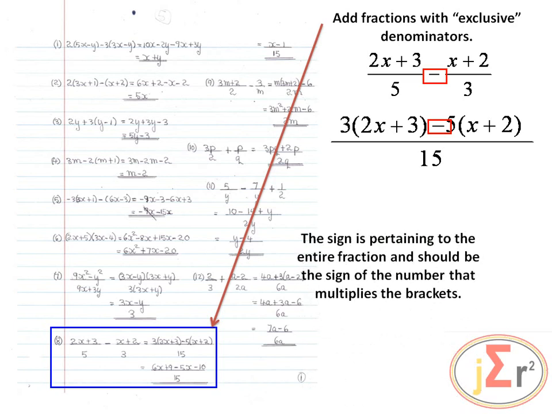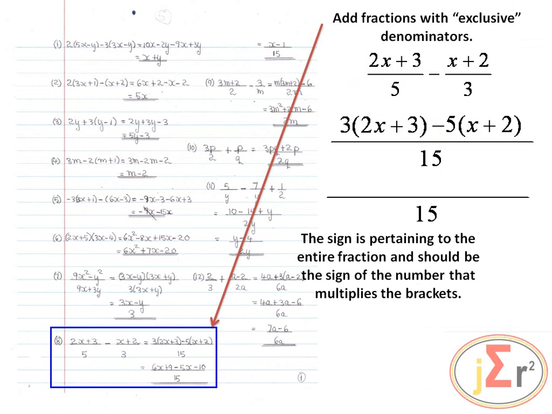The sign is pertaining to the entire fraction and should be the sign of the number that multiplies the brackets. So we are saying that this sign pertains to the entire fraction, and therefore if we need to use the 5 to multiply the entire expression that we have in this bracket, then we need to include the sign here also.